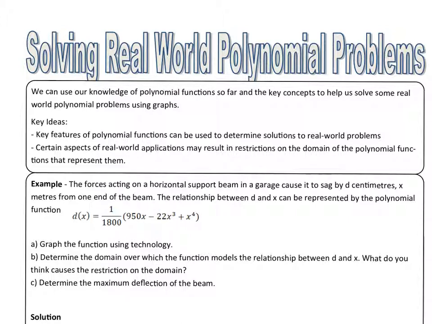I'll show you in this problem and you'll get the idea of where it works and where it doesn't work. So we can use our knowledge of polynomial functions so far and the key concepts to help us solve real world polynomials using their graphs. We're not doing anything algebraically yet, so we're just going to base it on graphs today and what we get from them.